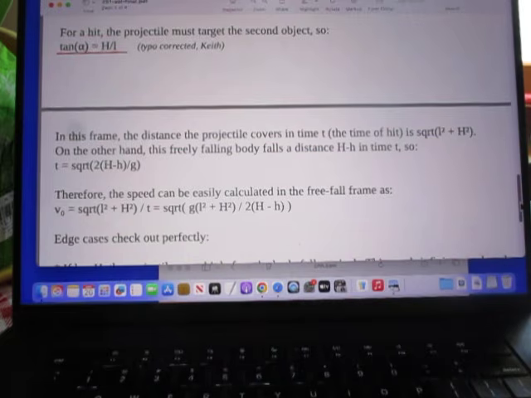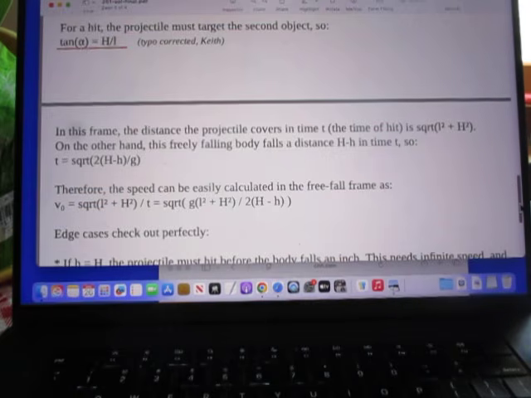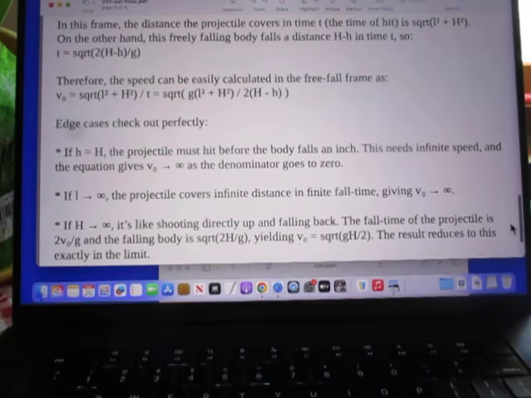For a hit, the projectile must target the second object. In this frame, the distance the projectile covers in time t, the time to hit, is the square root of L squared plus H squared. On the other hand, this freely falling body falls a distance H minus h in time t.